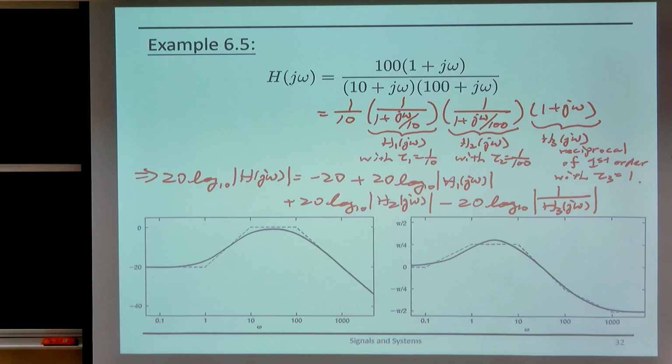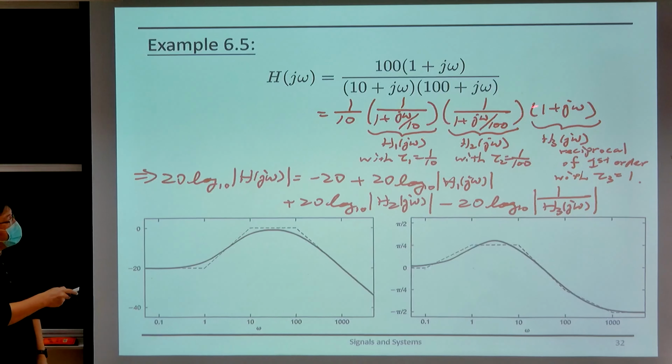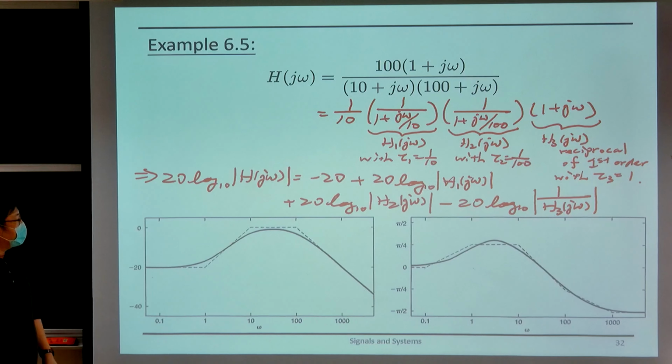So this is an example to show you that this asymptotic approximation of the behavior of these frequency responses is very convenient, because even if you have a more complex system, you can still treat it as a cascade of these first and second order systems, which have very simple behaviors that you can just aggregate together to get a simple trend of the more complex system.